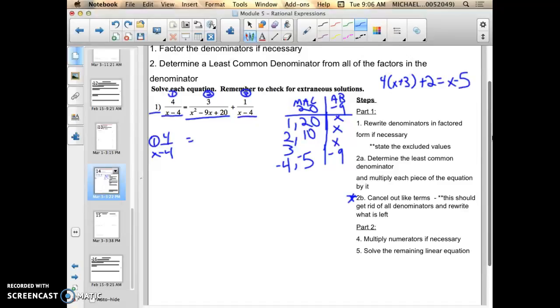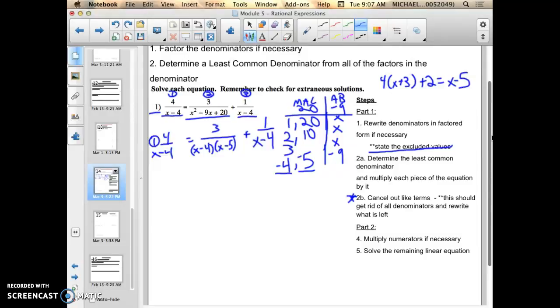So equals 3 over my factors now. I have an x minus 4 from this factor, and an x minus 5 from this one. Now, instead of x squared minus 9x plus 20, it's written in factored form, x minus 4, x minus 5. And then finally, plus my third piece I did not touch, so I'm just going to rewrite it, 1 over x minus 4.